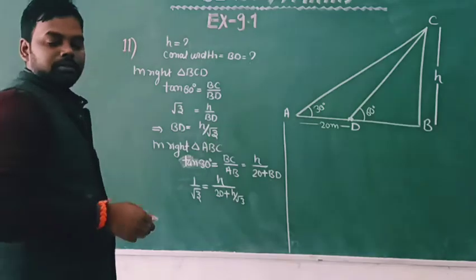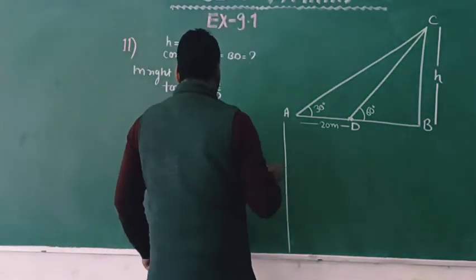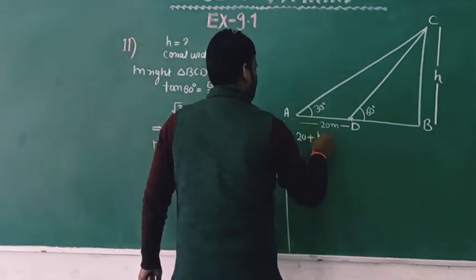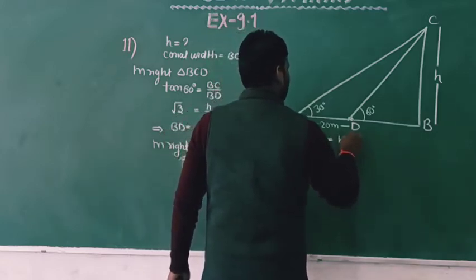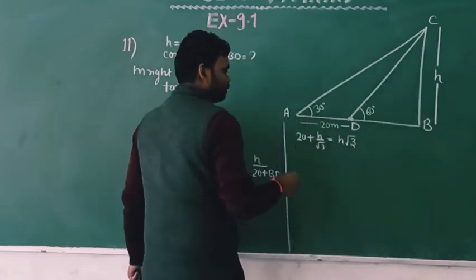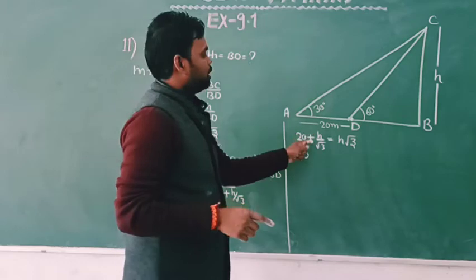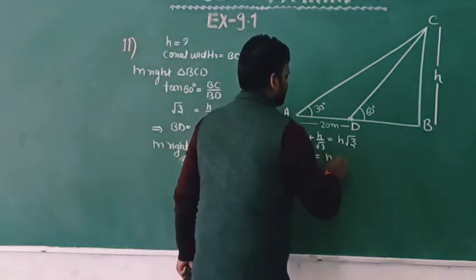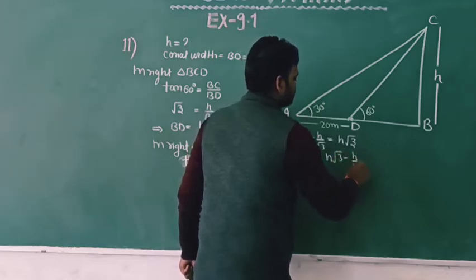Now simplify further. We get 20 plus h by √3 equals h under √3. Now bring the term h by √3 to the right side, so it will be h under √3 minus h by √3.